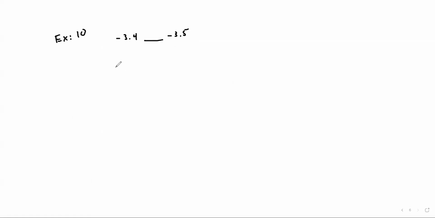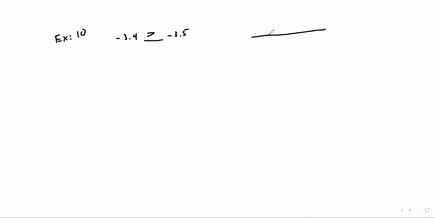But I need you to think of negatives as debt. Do you want to owe someone $3.40 or do you want to owe someone $3.50? If it's a better situation, then that number would be your greater number. So in this case, -3.4 is a better deal than -3.50. So therefore, -3.4 is greater than -3.5.